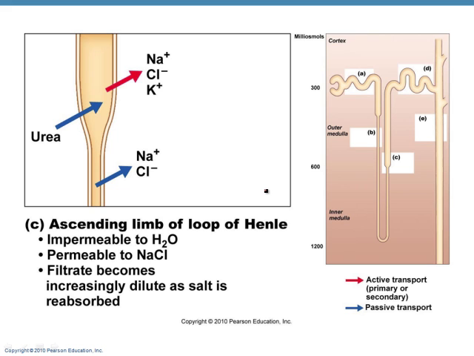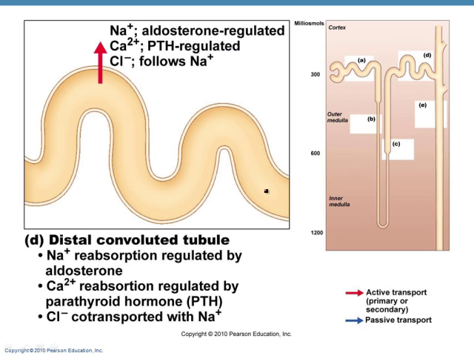And then in the distal convoluted tubules, sodium reabsorption is regulated by aldosterone. So if I have more aldosterone, what am I going to reabsorb more of in the distal convoluted tubule? More sodium, which is going to then lead to the reabsorption of more water. I'm also going to mess with calcium reabsorption and chlorine and sodium, fine tune. What if I have low concentrations of aldosterone?